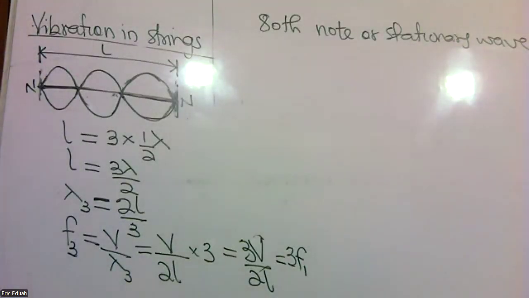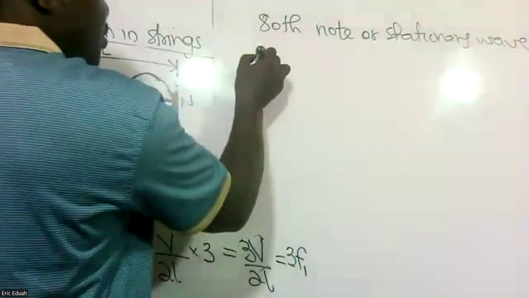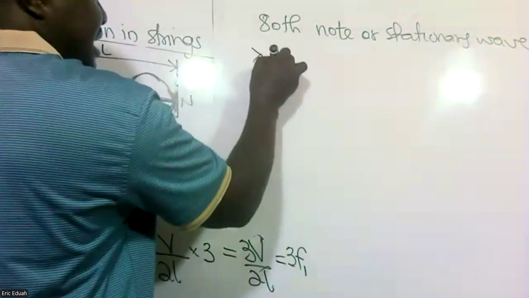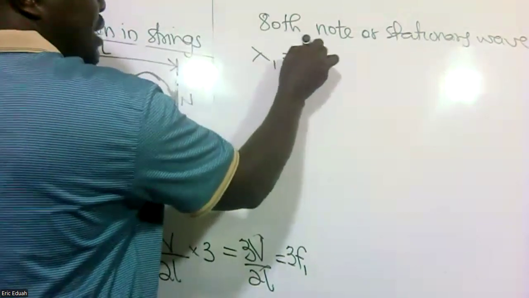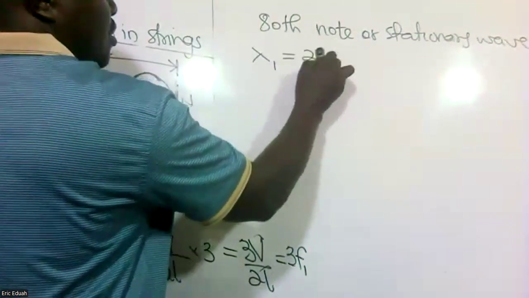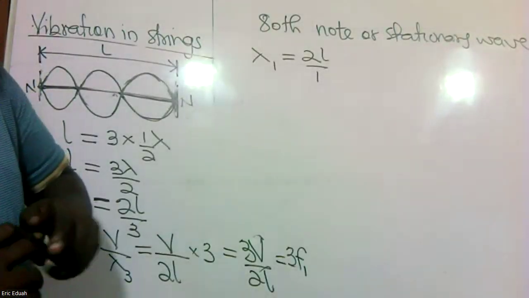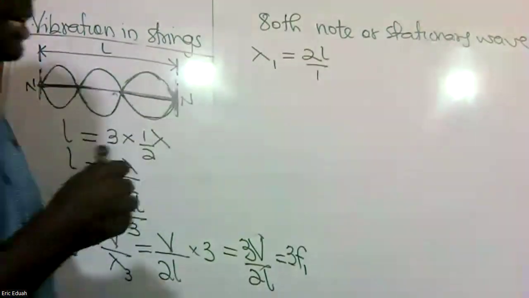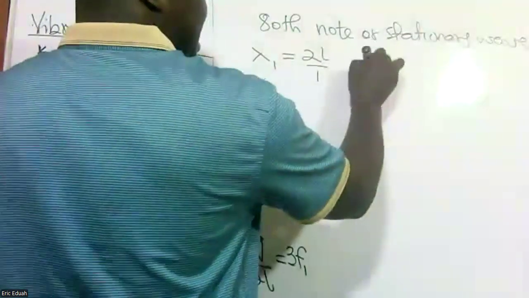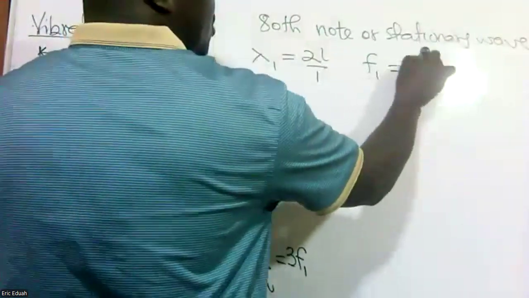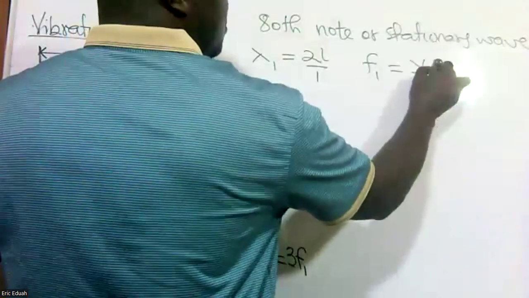You see, the first note, each wavelength, lambda 1, we have 2L on 1, meaning 2 times the length of the string. Each frequency, we had F1 equal to V on 2L.